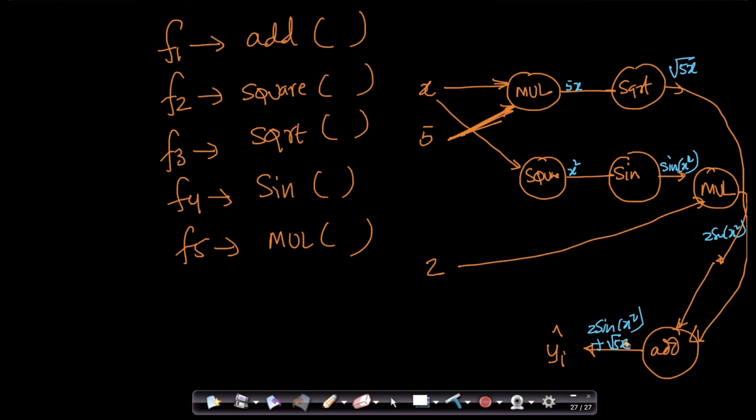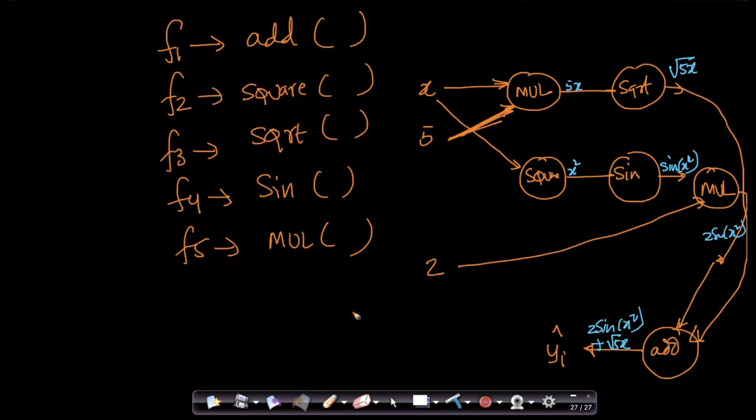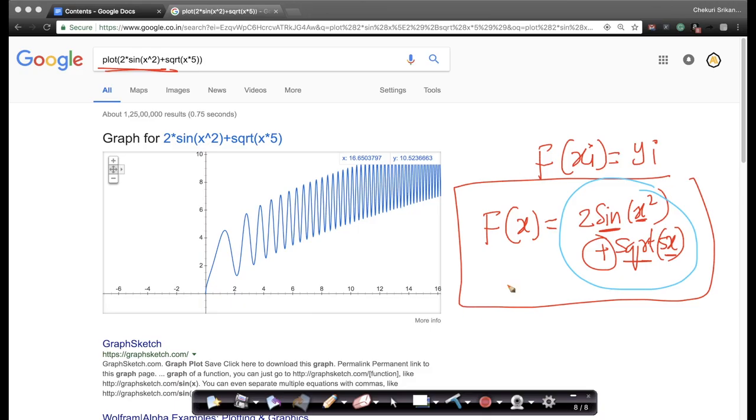Remember, look at this multi-layered perceptron. I have some inputs here, and I'm passing these inputs through a sequence of functions. If my functions were sine, multiplication, square root, etc., I could have written this complex capital F(x).